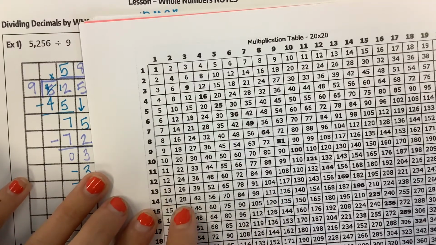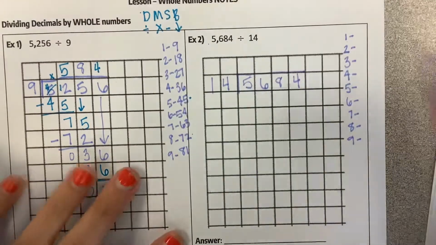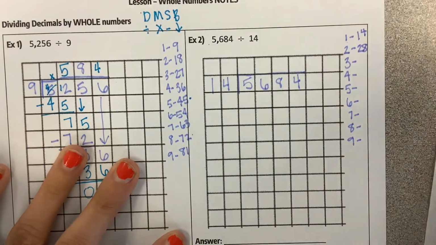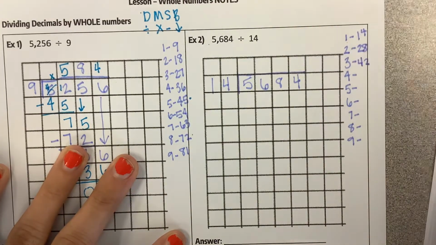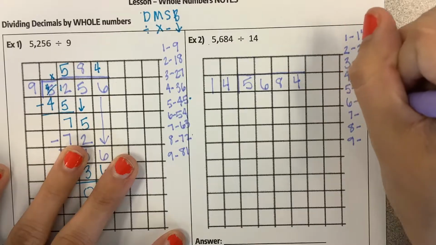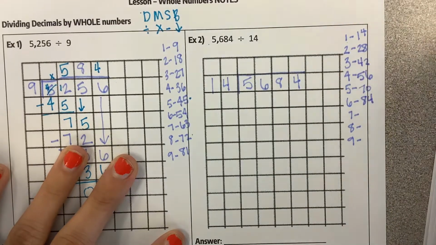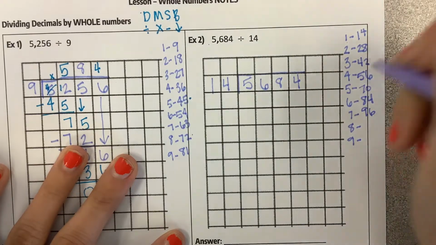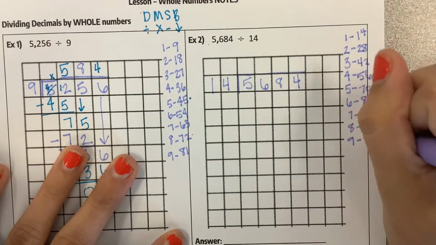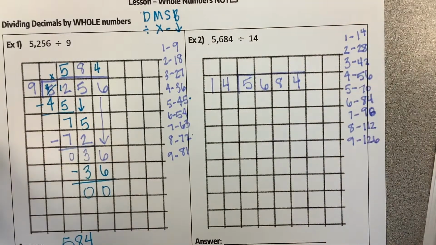So I got 14, 28, 42, 56, 70, 84, 96, nope, that's not right, 98, 112, 126. So we are going to use those multiples.